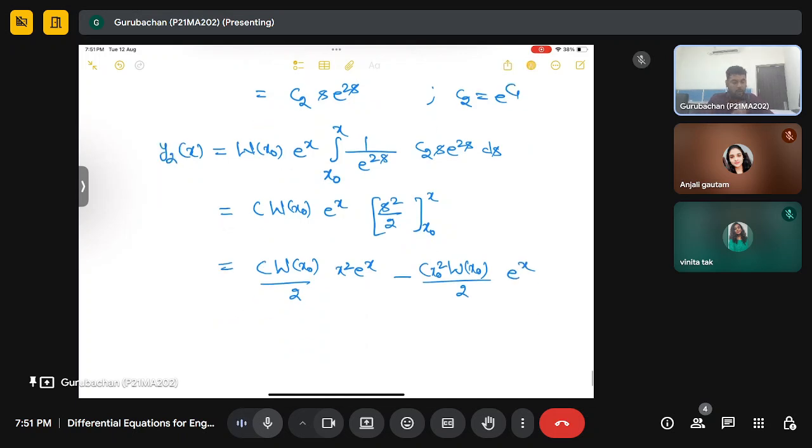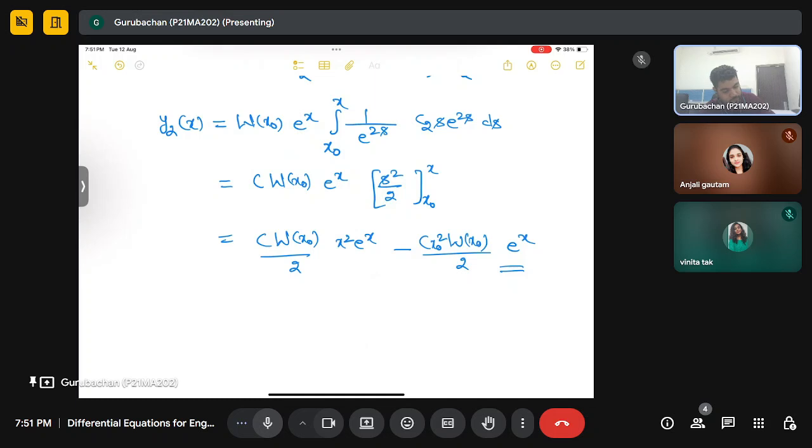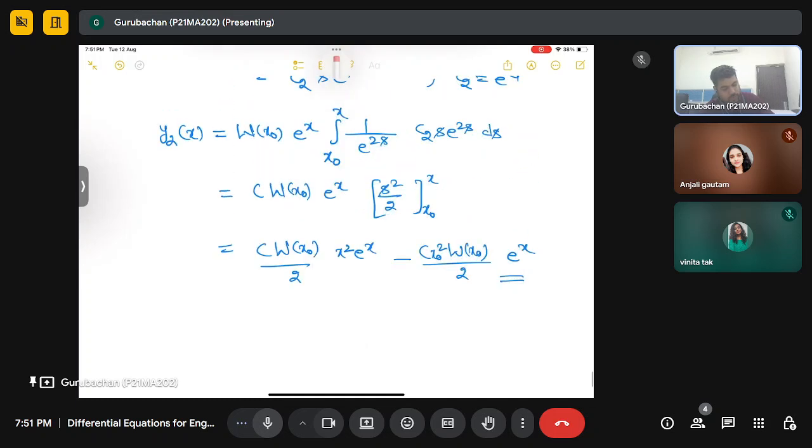So we were aware that e to the power x is one of the solutions. Therefore, another solution y2(x) should be independent of this e to the power x. So this will be x square e to the power x.